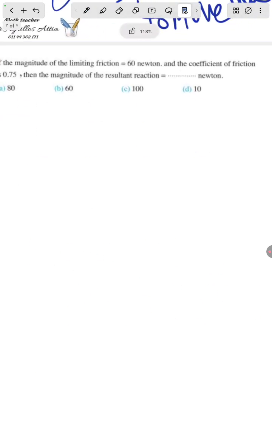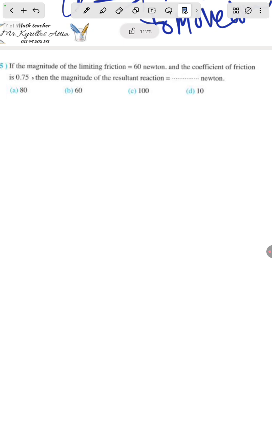Second, the magnitude of limiting friction is 60 Newton and the coefficient of friction is 0.75, then the magnitude of resultant reaction. Okay.